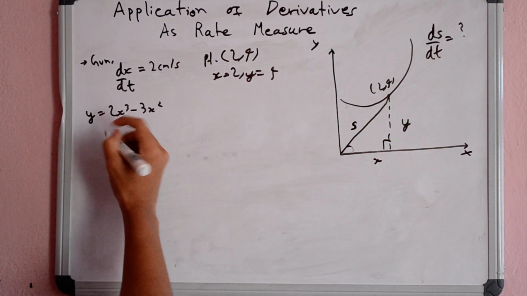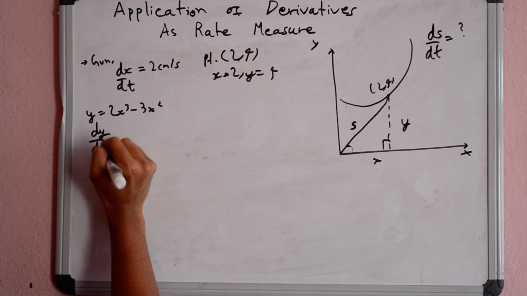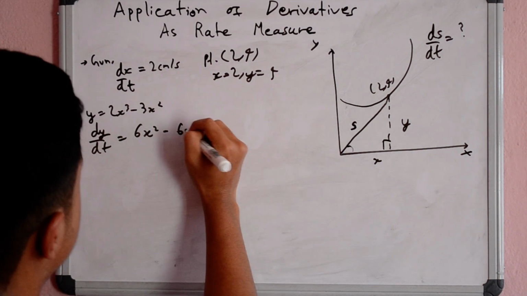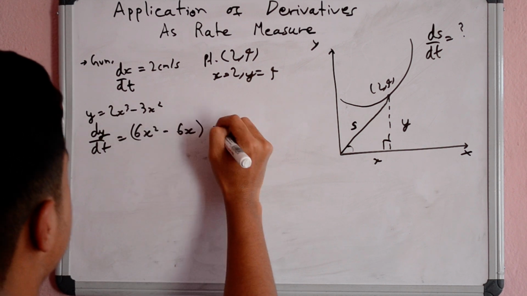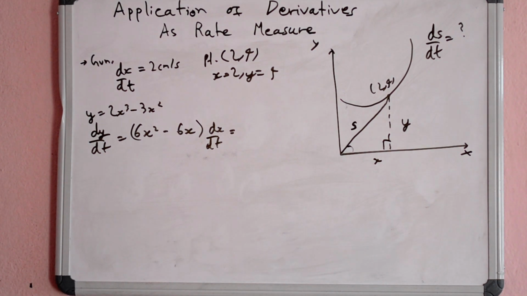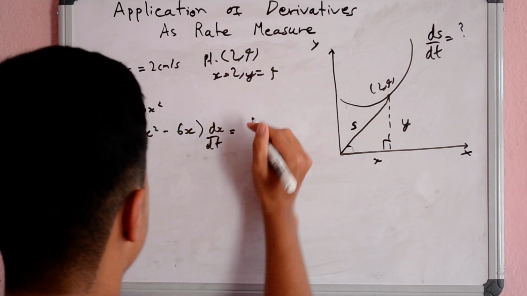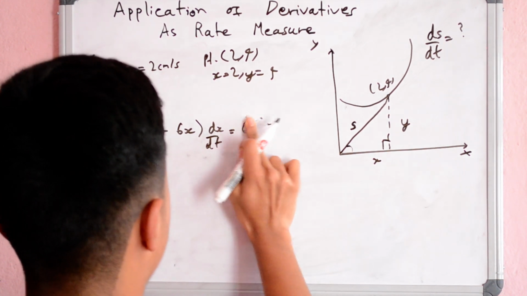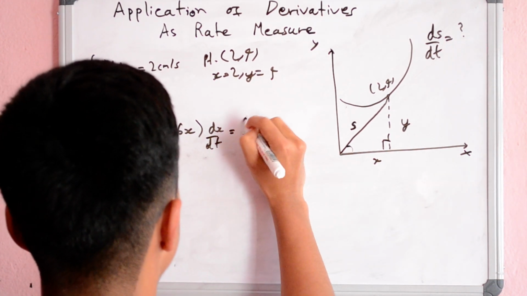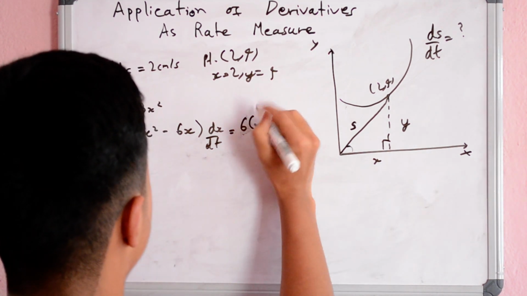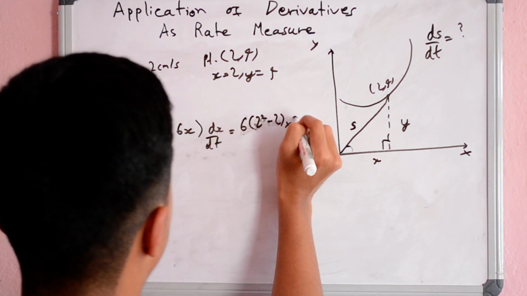So here, let's differentiate both sides to find dy by dt, which is 6x squared minus 6x whole dx by dt. So this is 6 into 2 square minus, let's take the 6 common to make the math easier, 6 into x square minus x, which is 2 square minus 2 into 2.